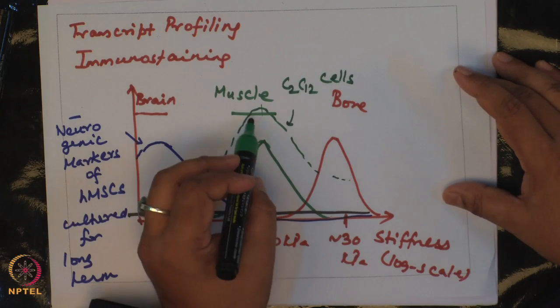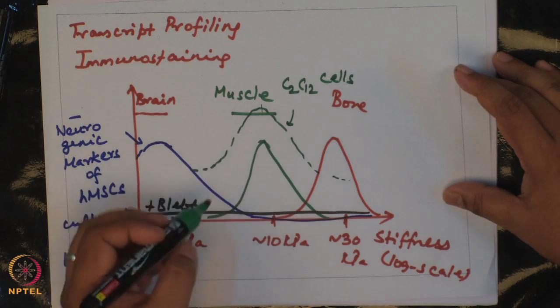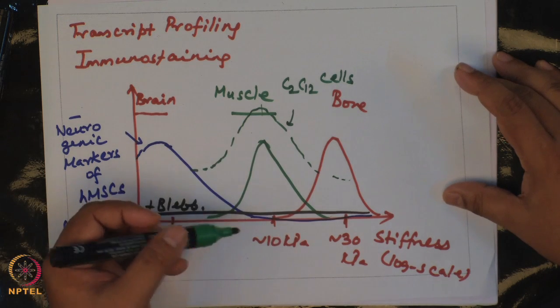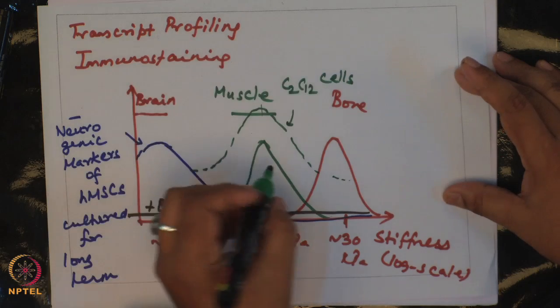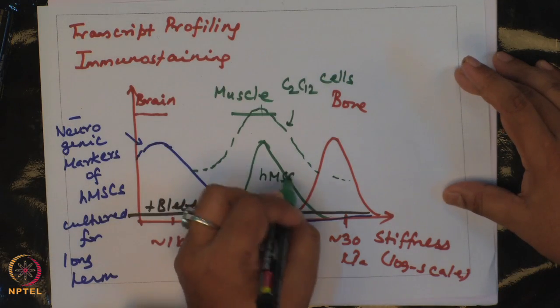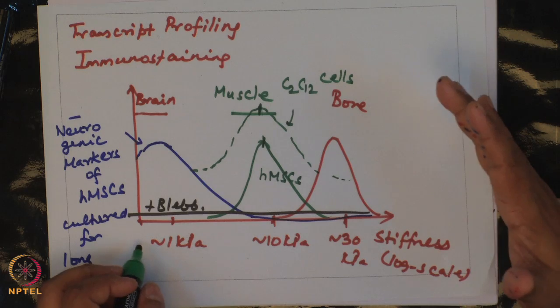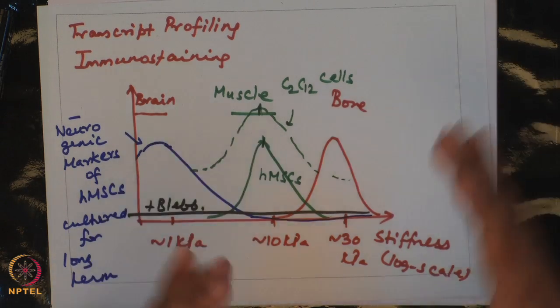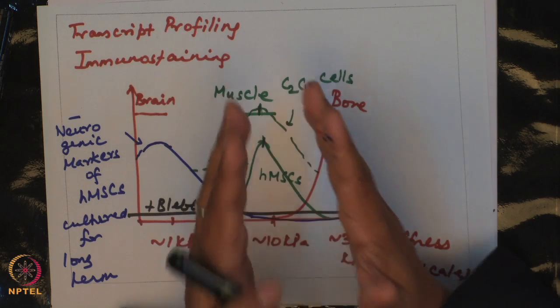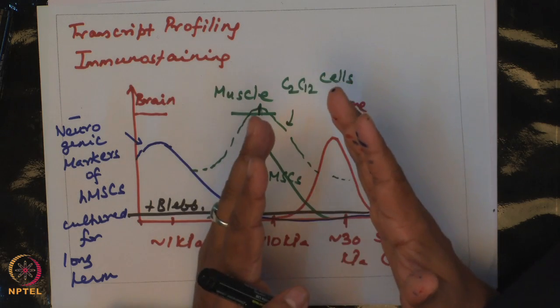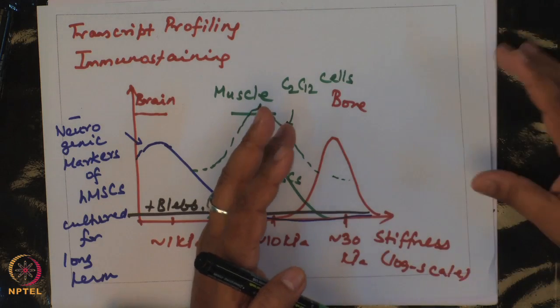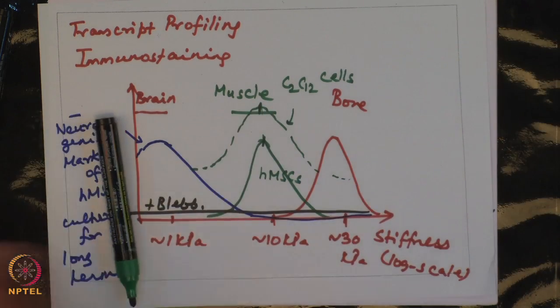The average expression of C2C12 cells is higher than HMSCs, but both exhibit the peak at the same point, which is 10 kPa. So, on muscle elasticity, HMSCs exhibit a muscle like phenotype, but they are not yet functional muscle. Same on the stiff surfaces.